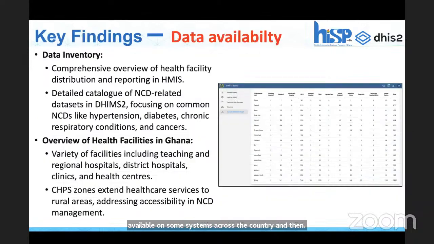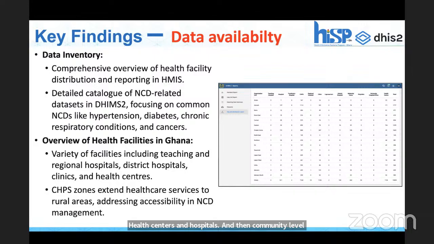What were our key findings when it comes to data availability? Generally, Ghana's HMIS captures data at the facility level, and the facilities reporting to the national HMIS are a mix from teaching hospitals right to health centers and hospitals, and then community-level clinics and what we call CHPS zones.